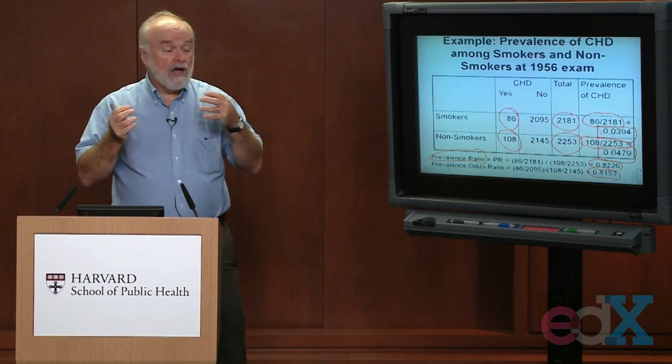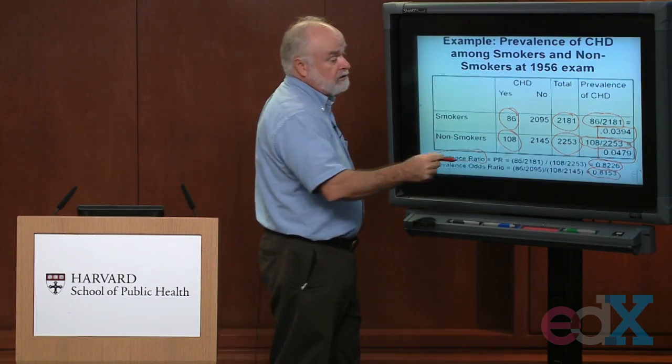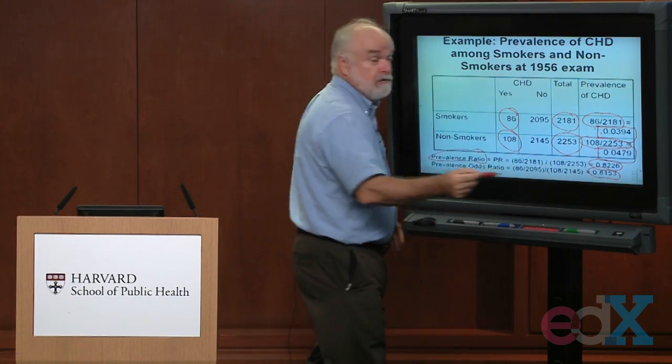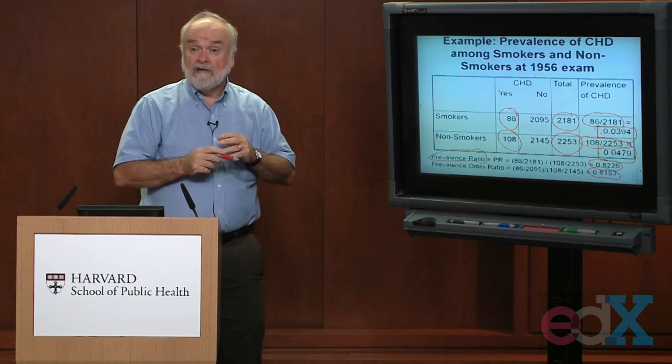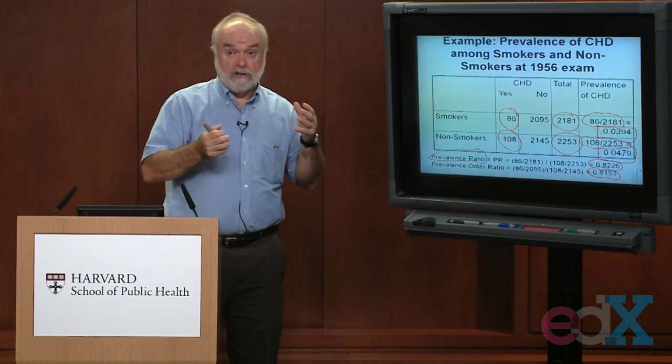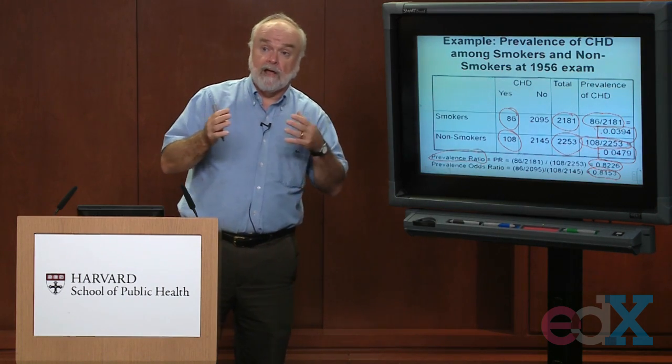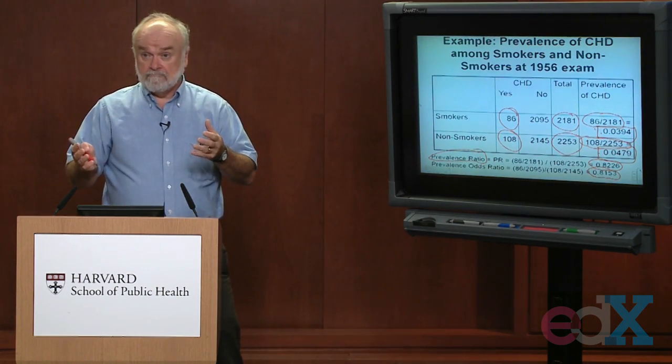So the value for the odds associated with a proportion of 4% and 5%, to two decimal places, is still 4% and 5%. So not surprisingly, the value for the odds ratio in this situation is very similar to the value for the prevalence ratio. That was a little aside that I wanted to do.